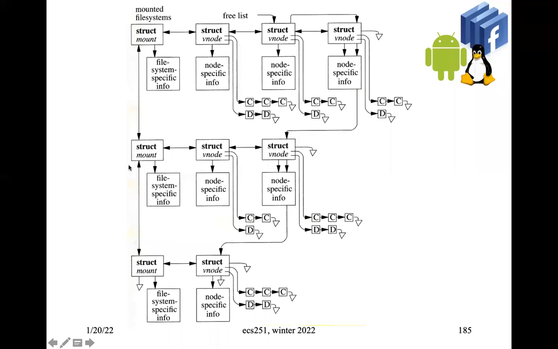The kernel file system will realize, okay, you have a mount here, here, and here, so it knows how they are mounted together. They have file system specific information so that I will be able to see 3 different partitions of the hard disk, logically seen as one single file system.